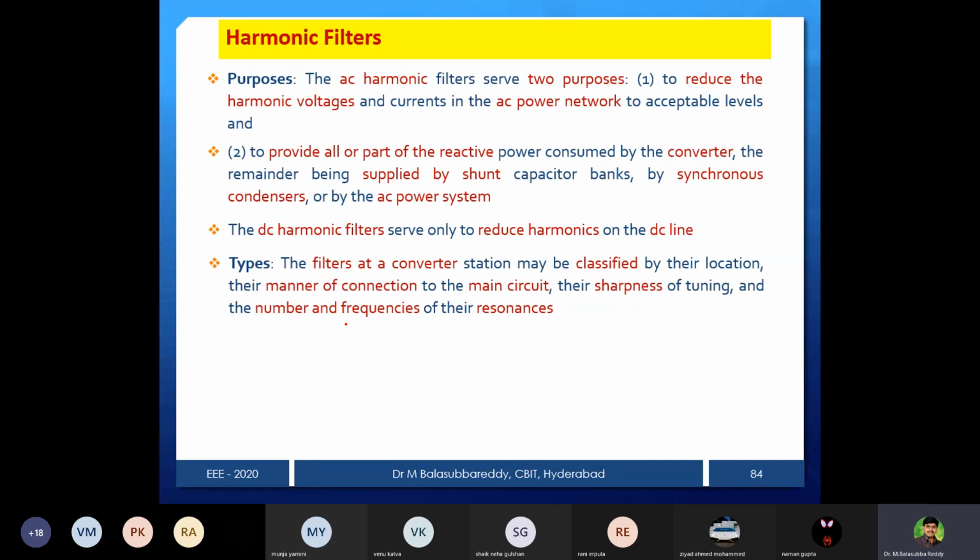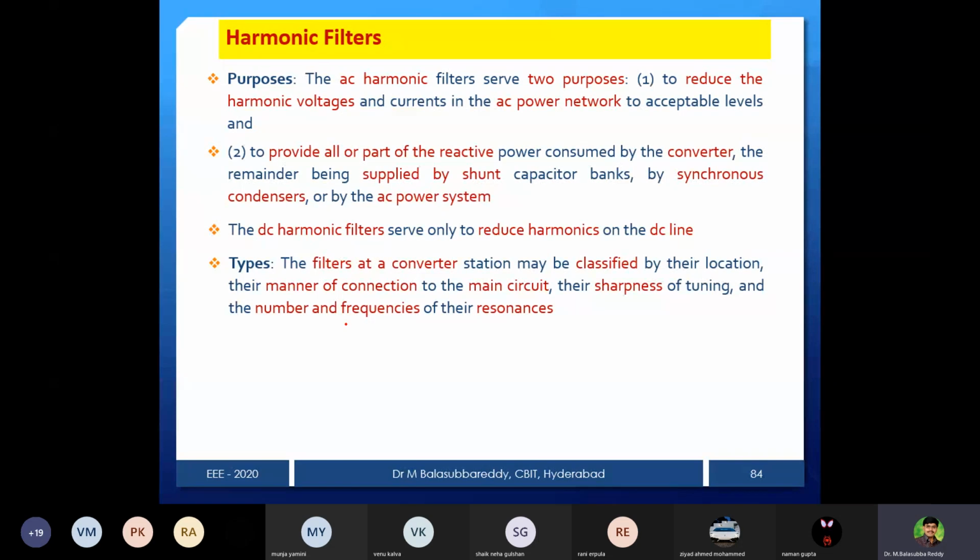All these factors will influence the type of filter, whether we need to go for a single tuned filter, a double tuned filter, or a high pass filter, related to the requirements of our application. One is their location, where you have to connect, on the AC side or the DC side, or before or after the conversion, because in many places shunt compensators can also be used.